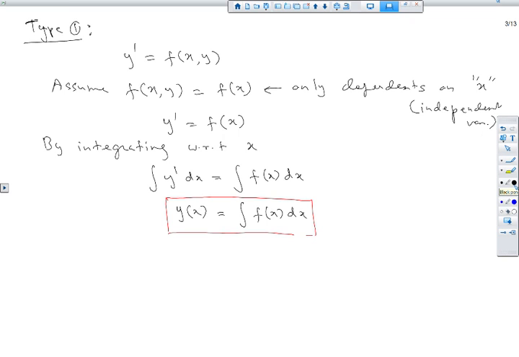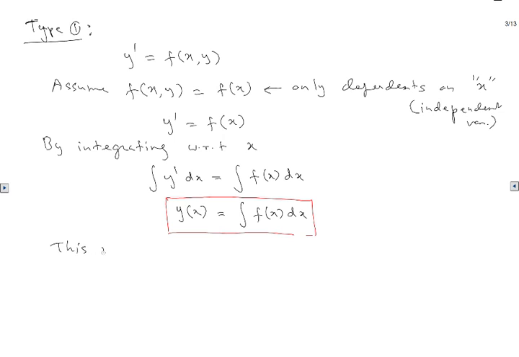Good. Now, this is the general solution, which contains an unknown c.